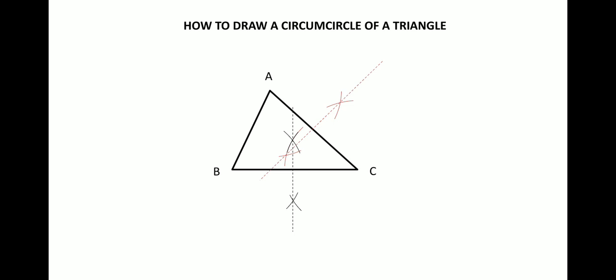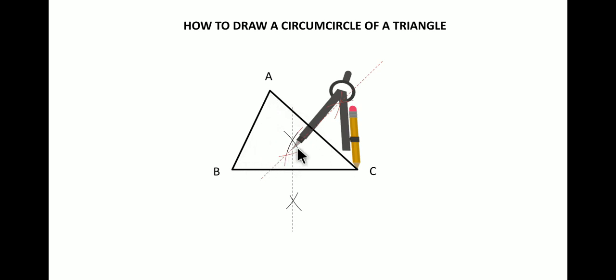From here you have to check the point of intersection of the two dotted lines. So this point is the point of intersection of the two dotted lines. Keeping the needle of the compass here, you take the length to any of the vertices, either point C or point A or point B, such that the tip of the pencil touches one of the vertices.